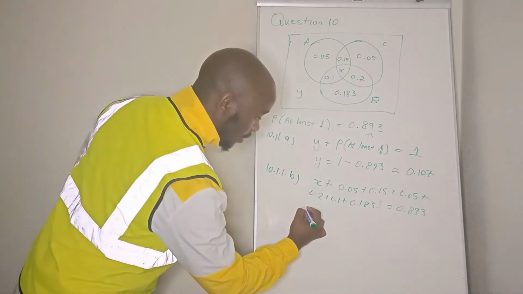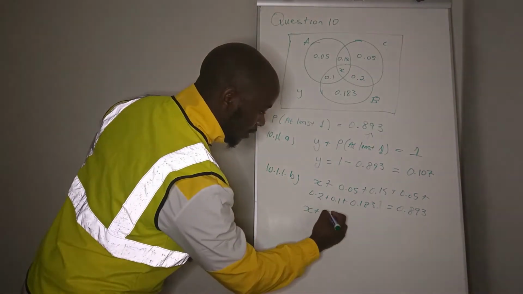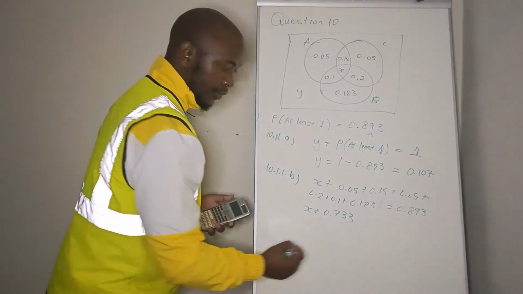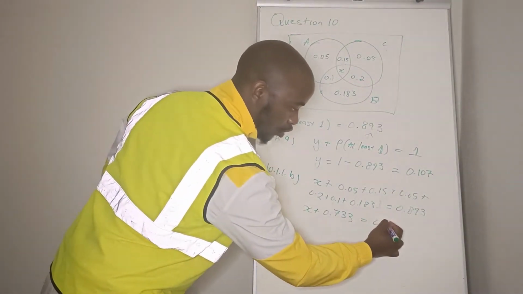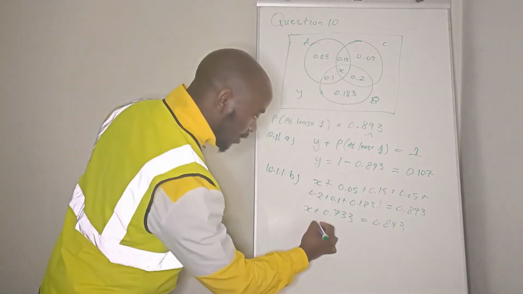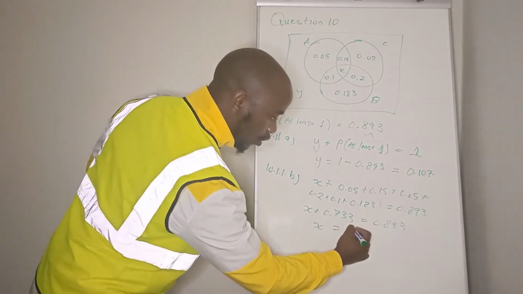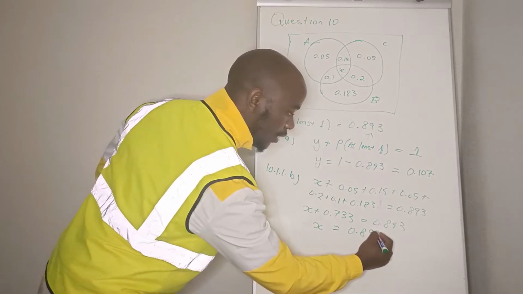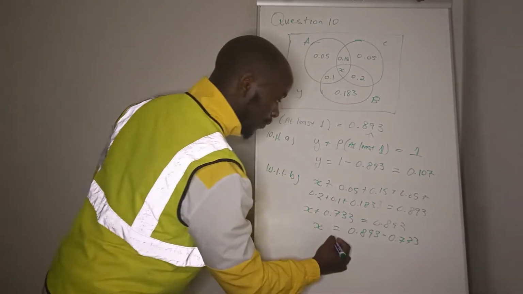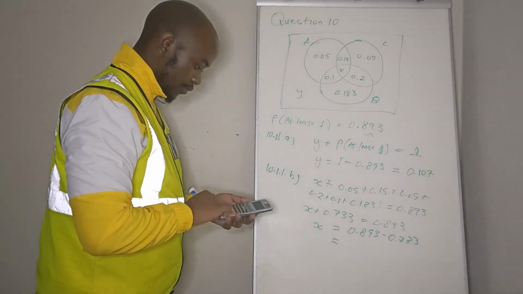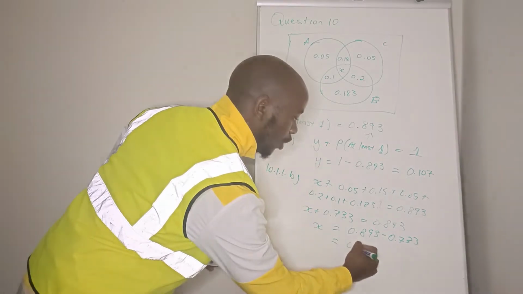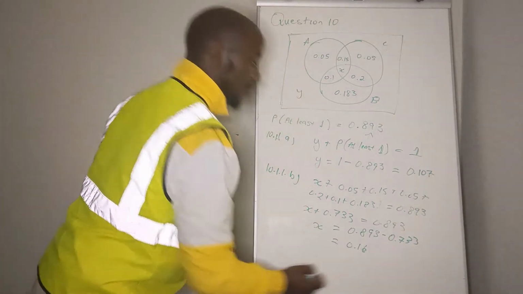the answer is X plus 0.733, and this should equal 0.893. So if you take this to the other side, X will be 0.893 minus 0.733, and this gives us 0.16.